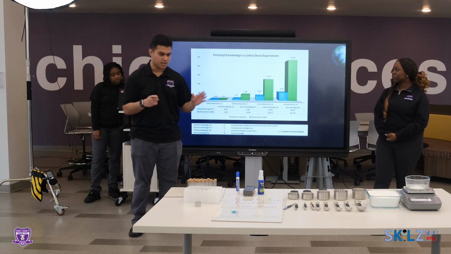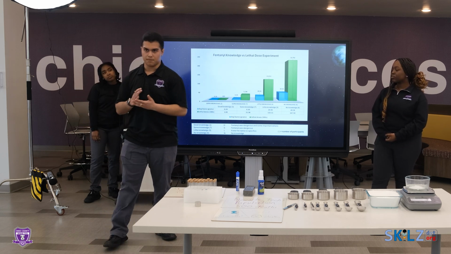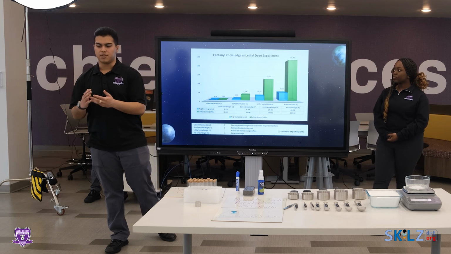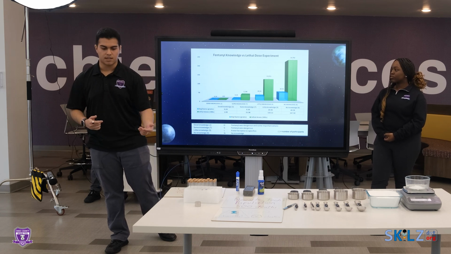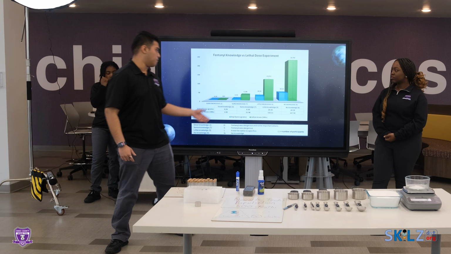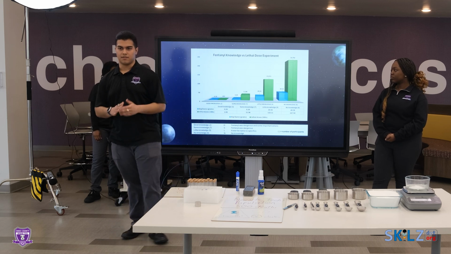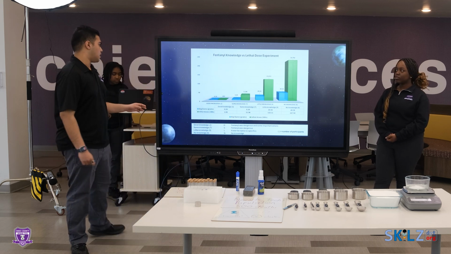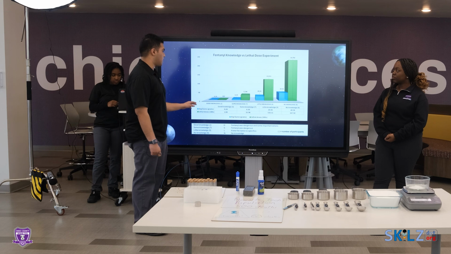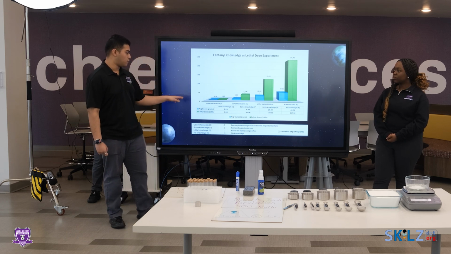Good knowledge is someone who knows a lot about it and believes they have a really decent understanding of what fentanyl is. And from what we saw, there were two people who had really good knowledge about fentanyl.